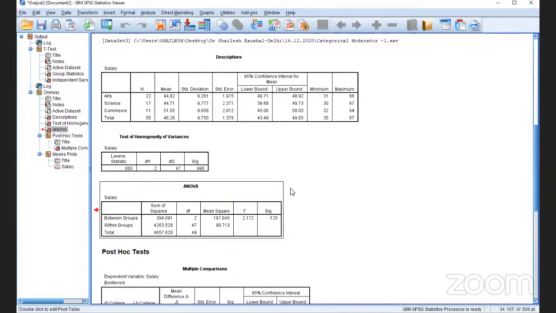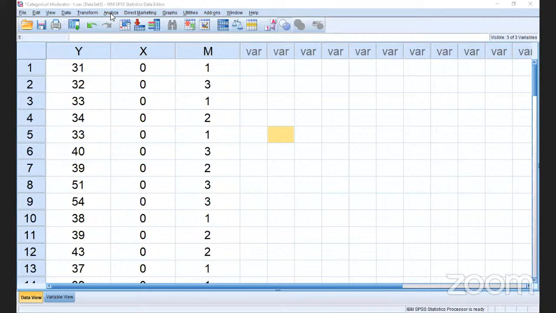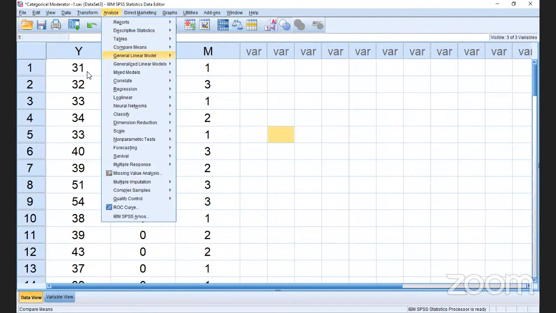Now I'm using the factorial ANOVA for checking the interaction effect of the independent variable and moderator. So here we will use factorial ANOVA: Analyze, then General Linear Model, and then Univariate.